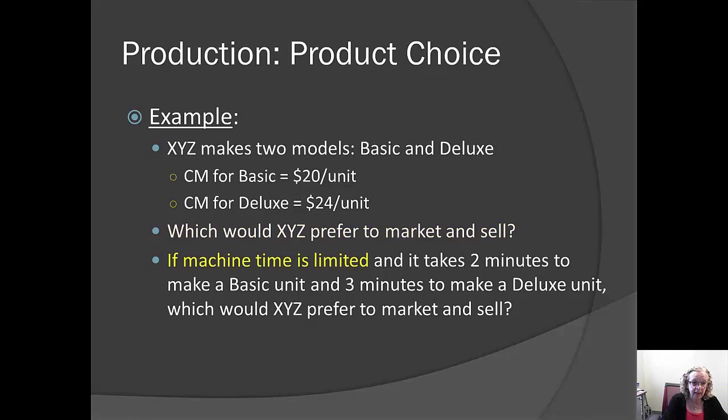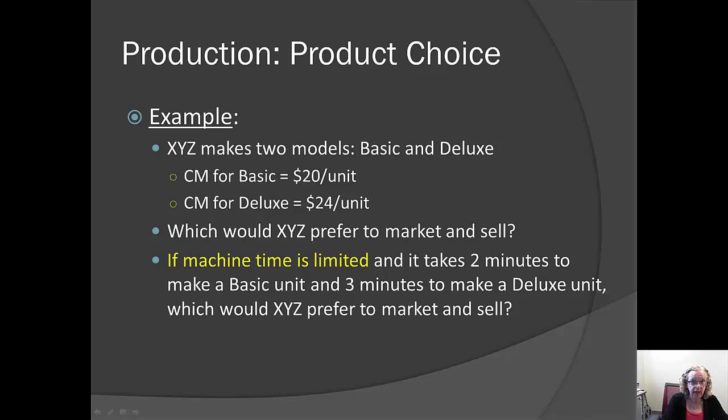However, what if their machine time is limited? There's only a certain number of hours in each day that the machines can run, and it takes 2 minutes to make one basic unit, but it takes 3 minutes to make a deluxe unit.